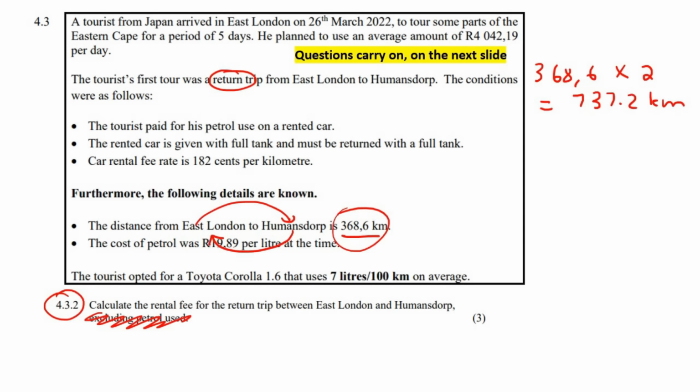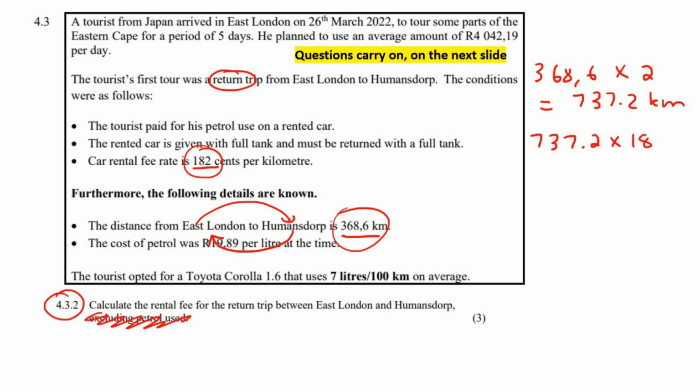Now for every kilometer they are going to charge you 182 cents. That's not the petrol. That's just because you're using their car. You're damaging their tires, you're using their engine. They have to charge you for that, without the petrol. So you're being charged 182 cents for every single kilometer that you drive.